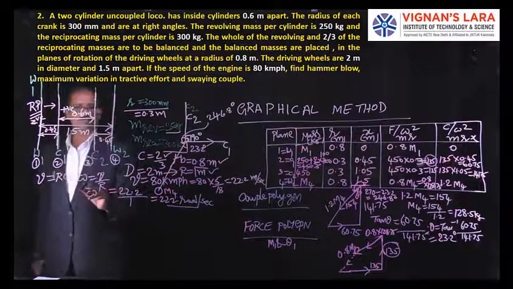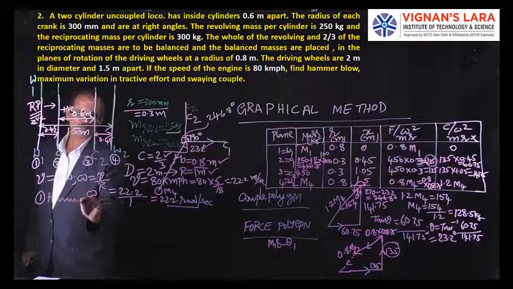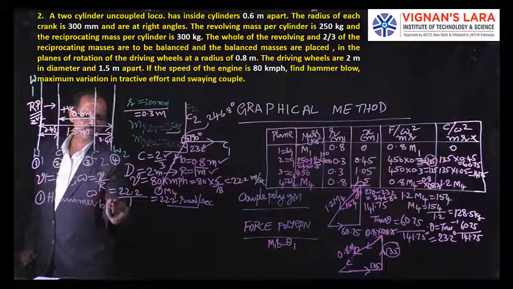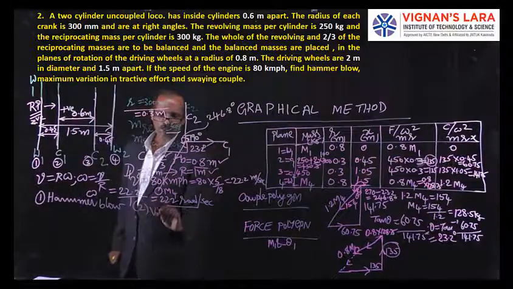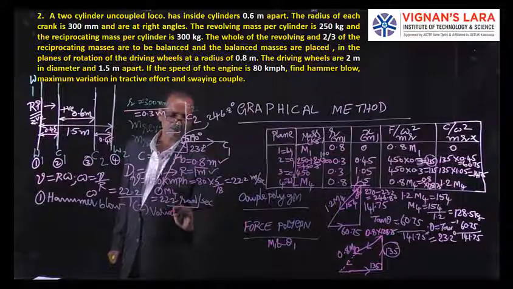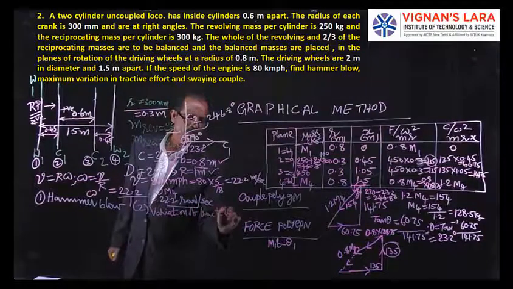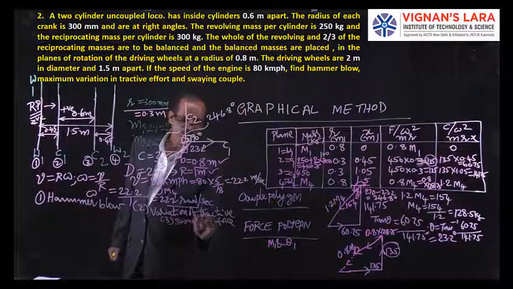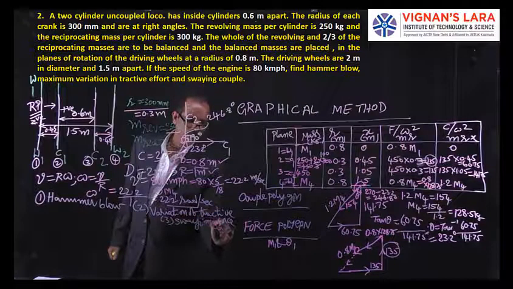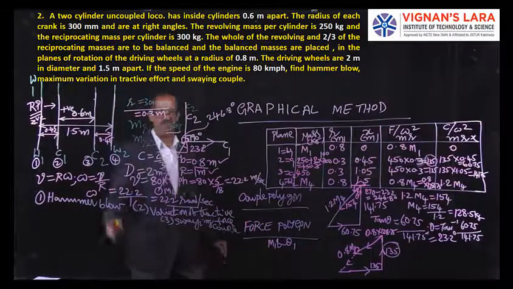One is hammer blow, the second one is variation of tractive force, and third one is swaying couple. These are the three bits you have to solve further.